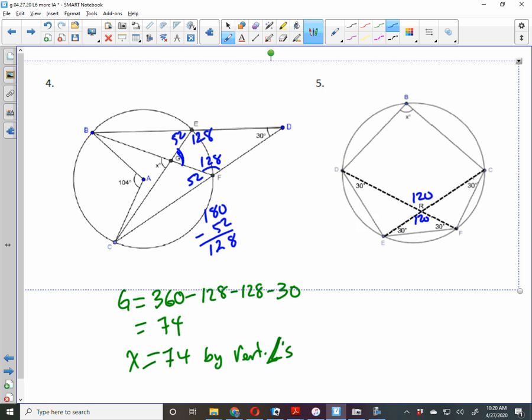Let's see. It makes this 60. If that's true, then that right there is a right angle, and that right there is a diameter. And I didn't draw that very well. Which makes this 90 degrees, which equals x. And all we had to do is put the pieces of the puzzle together to find out what we were doing.